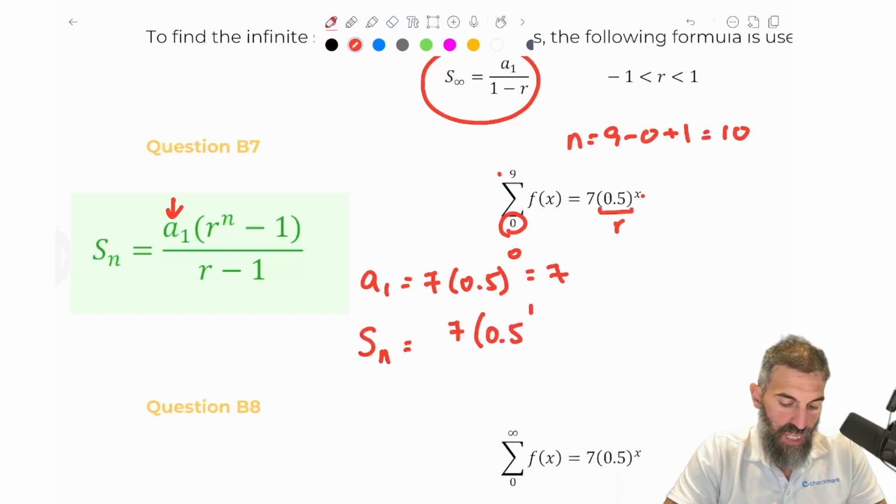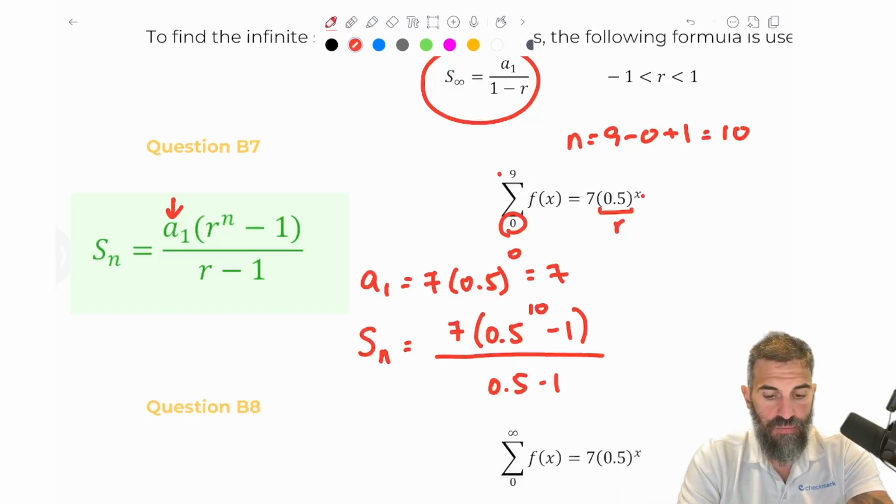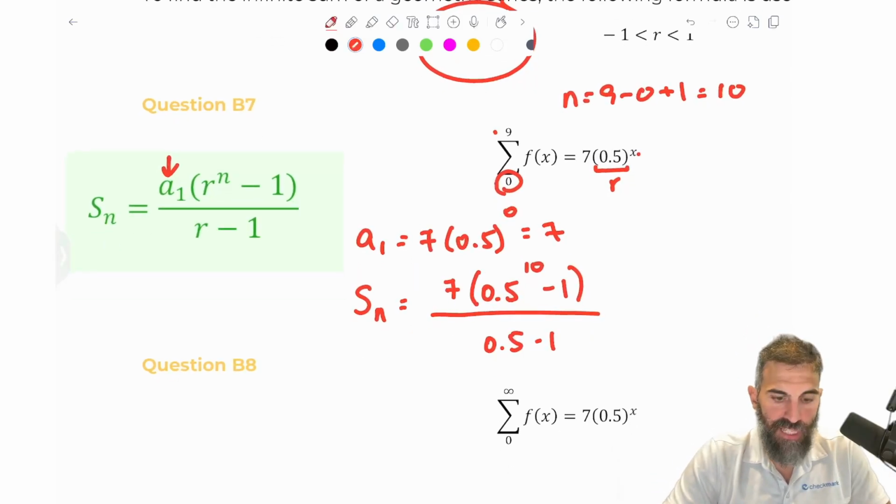N is 10. We established that before, minus 1, over 0.5 minus 1. Okay, let's punch this in. 7 times 0.5 to the power of 10 minus 1, divided by that. So I get about 13.99.